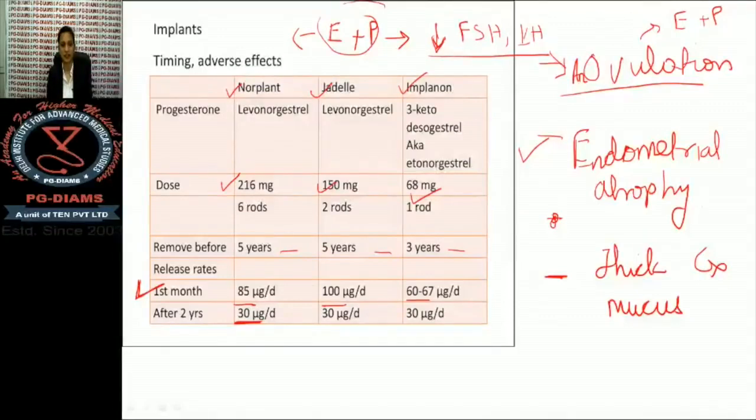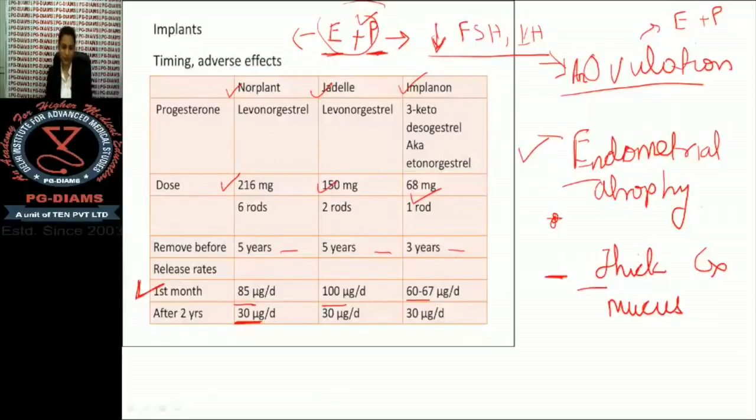By its constant presence, it decreases the cycling which is responsible for ovulation. FSH, LH stabilize at a constant low level. So anovulation results. This is because of estrogen and also because of progesterone. Both play a role and both have negative feedback effects on the HPO axis. Apart from that, progesterone alone has the effect of endometrial atrophy and thickening of cervical mucus. Estrogen does not have much end organ effects.